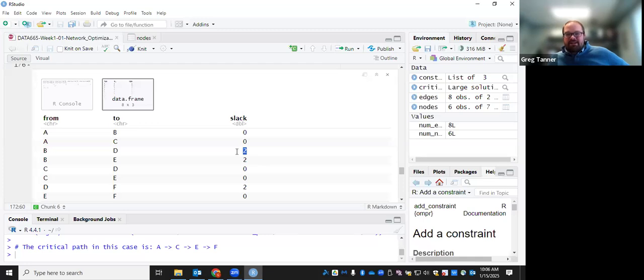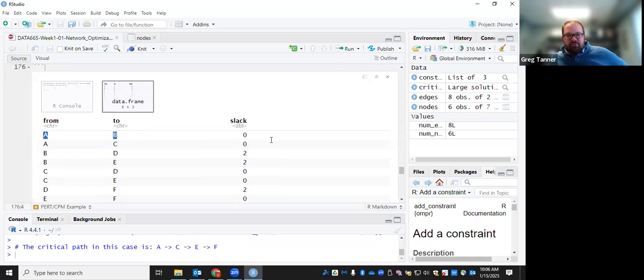Now, I will say some of the things that do have slack are on the critical path, in that we said that B is not on the critical path. But the way this is set up, it's going to start B as soon as it can, even though it has some leeway on when it could start.